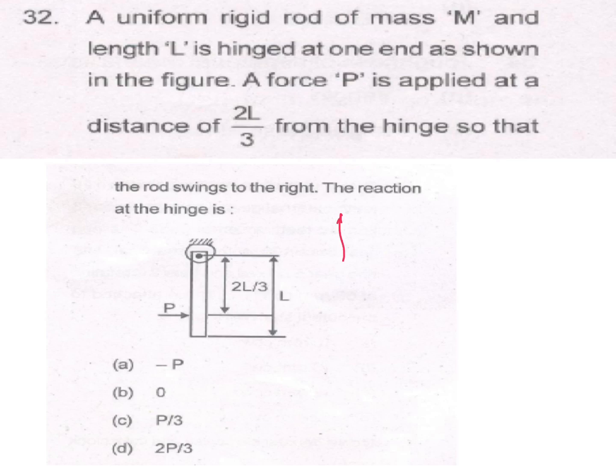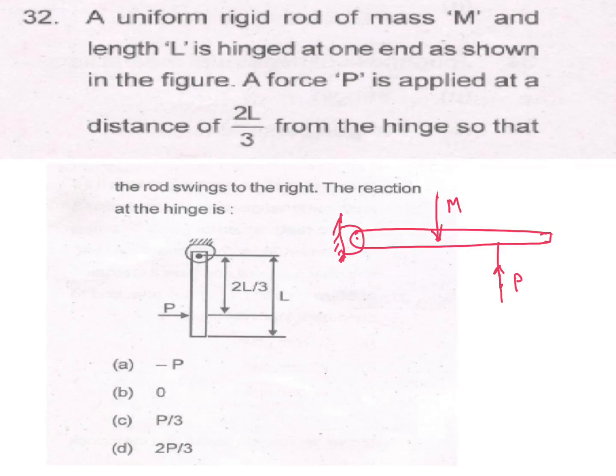This is the hinge point. P is the upward load, mass M at the midpoint, capital M downwards, P upwards. This distance is totally L, P is at 2L by 3, and half the distance is L by 2.